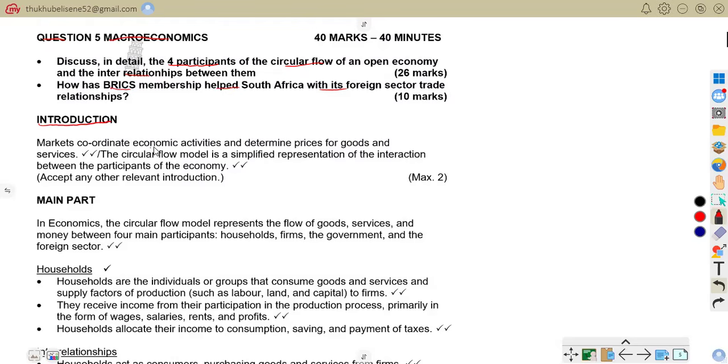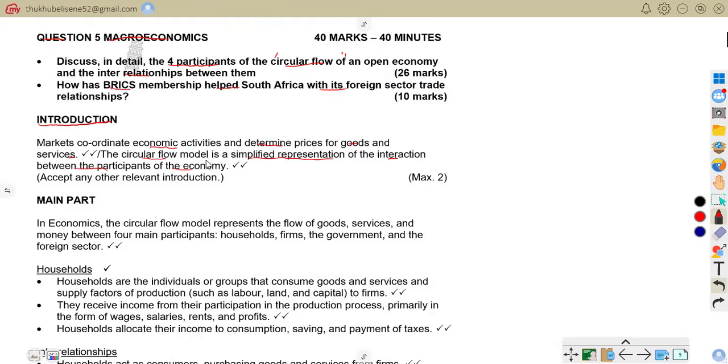Markets coordinate economic activities and determine prices for goods and services. The circular flow model is a simplified representation of the interaction between participants of the economy. So you can see we have talked about the keyword of the question, the circular flow in an open economy.